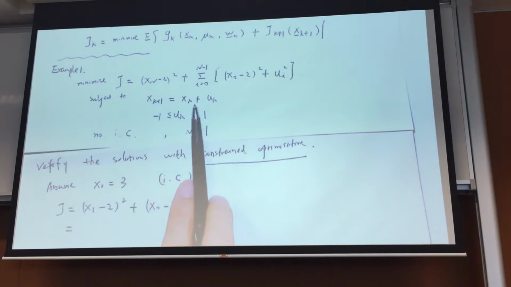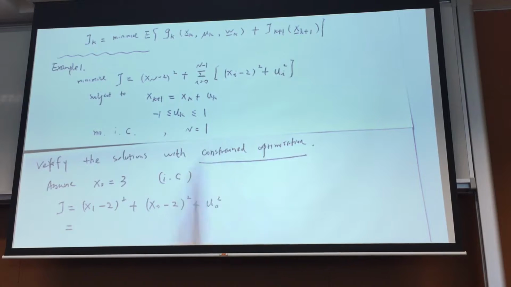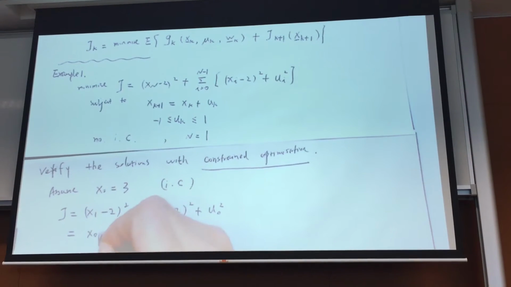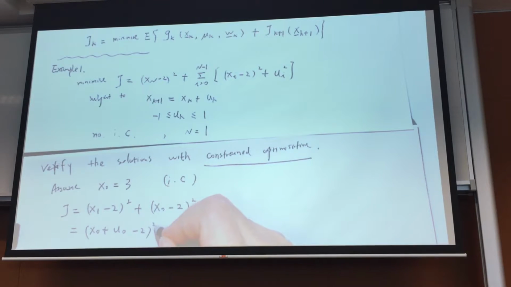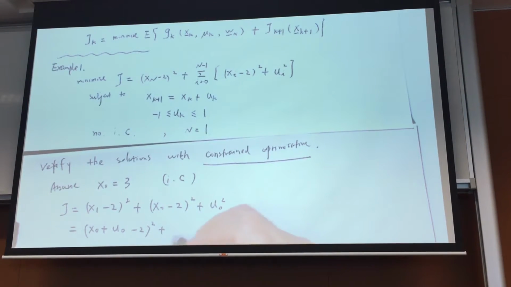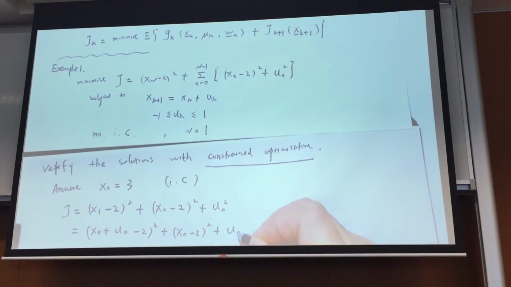Using the dynamics x1 equal to x0 plus u0, this is x0 plus u0 minus 2 squared plus x0 minus 2 squared plus u0 squared.